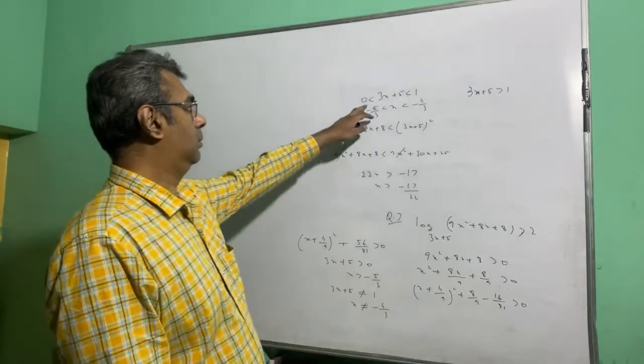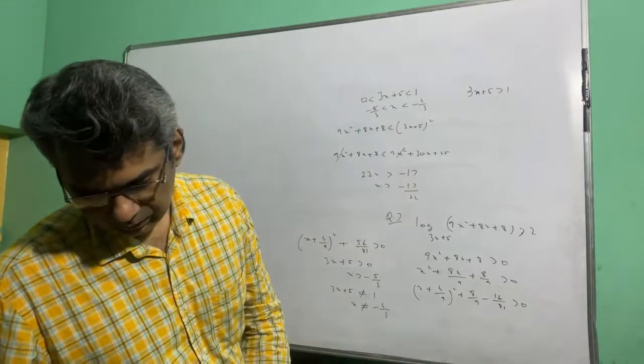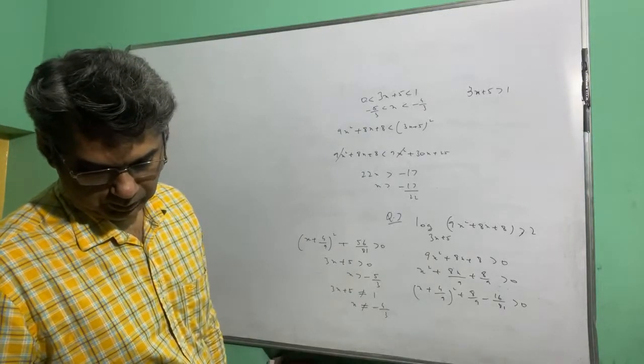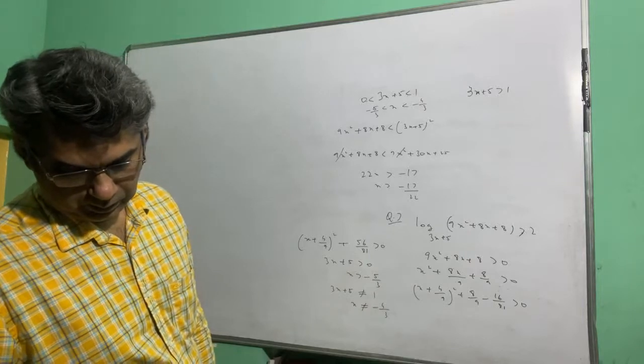And meanwhile, from this interval we got x lies between minus 5 by 3 and minus 4 by 3.